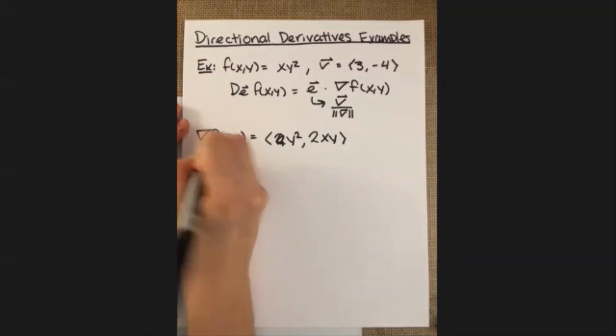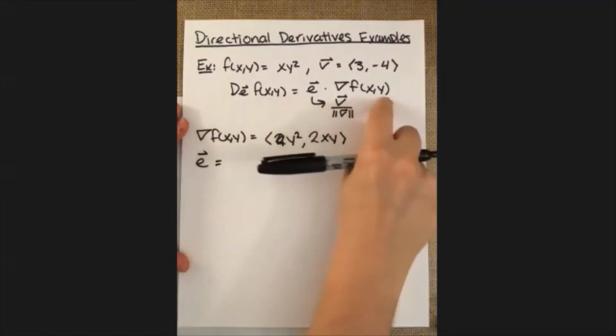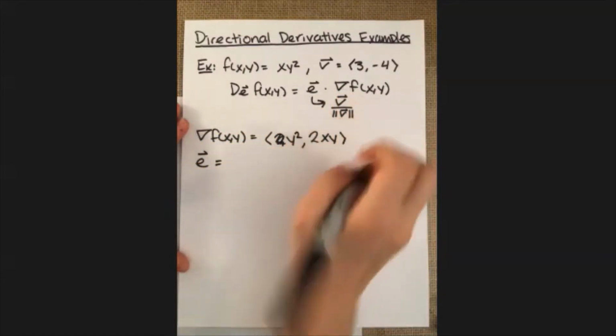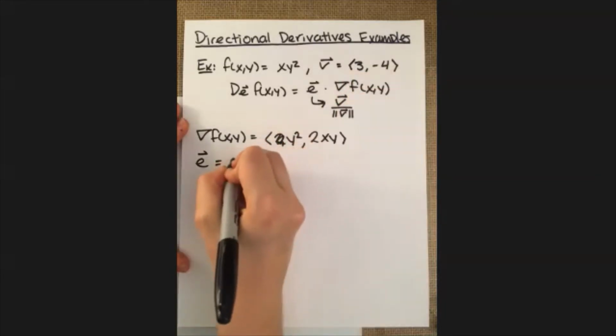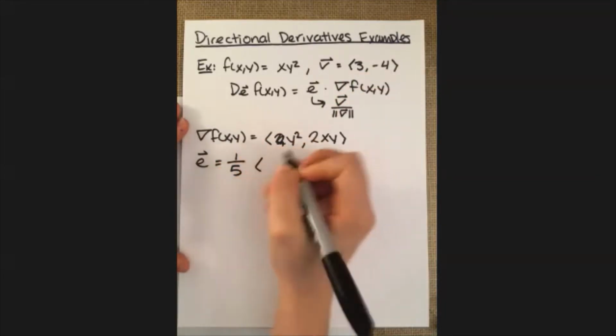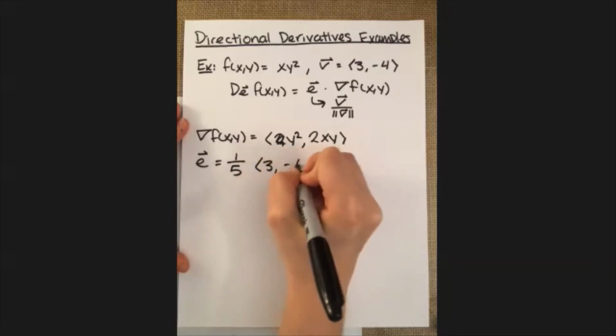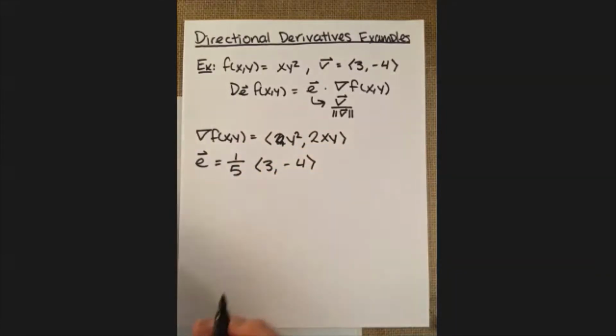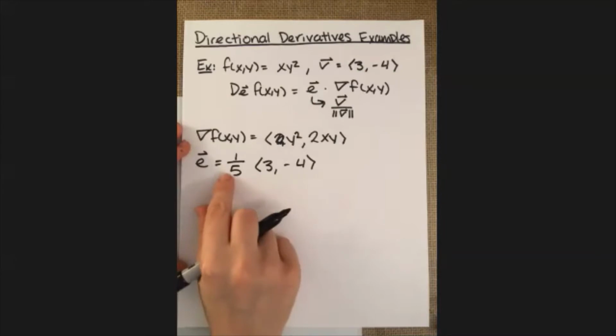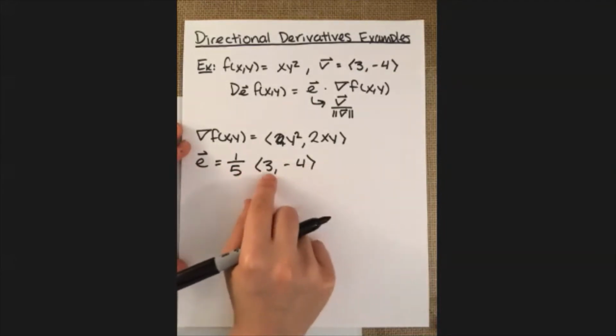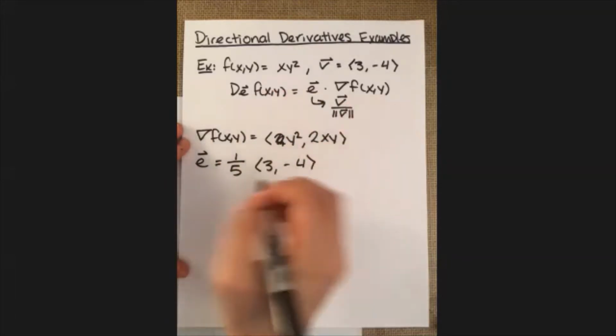And the vector that we're going to use in this is v divided by its length. So its length is going to be 1/5 times <3, -4>. And as I've said previously, I like to leave the fractions out front so that way they're not getting tangled up too much when we start distributing things or multiplying things later.